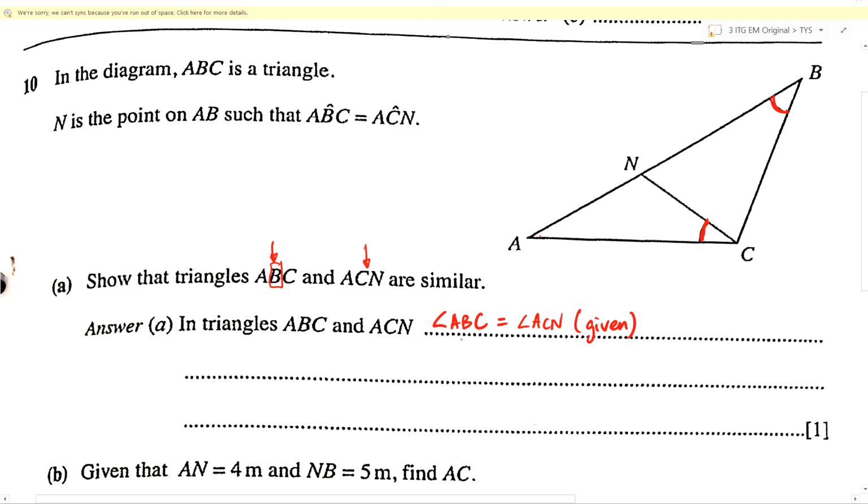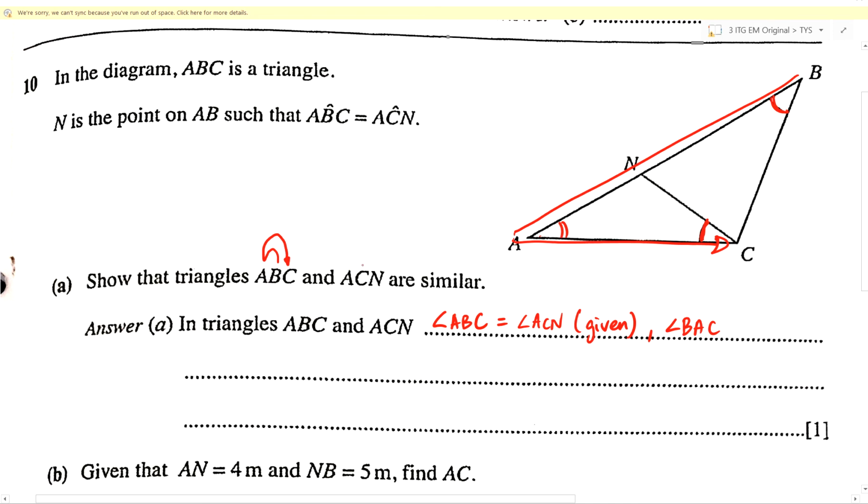So that is one angle already. I know I need another angle. Based on these two names, I know that if I can prove that the first two angles are the same, A and A, then I'm done with my job. So let us take a look inside the big triangle, where exactly is this angle A? That will be given by BAC. So go according to the name, BAC, angle over here. Go over to the small triangle.